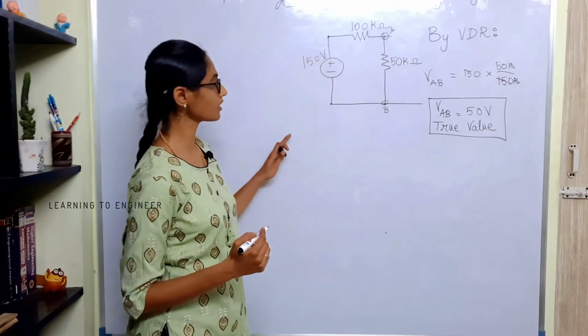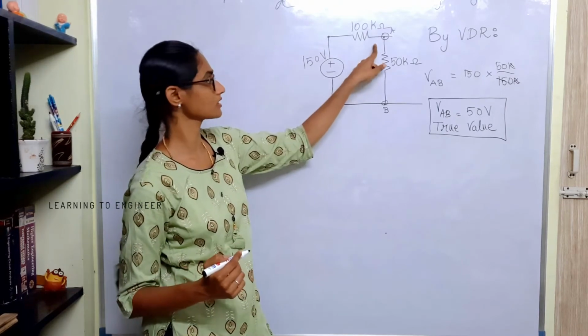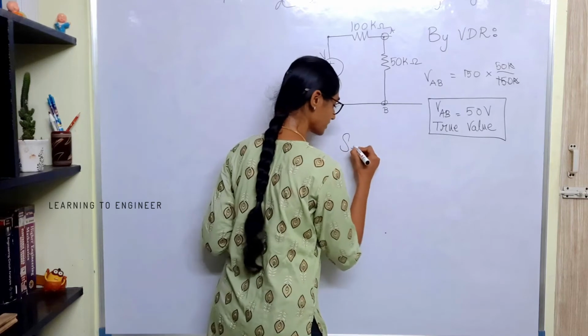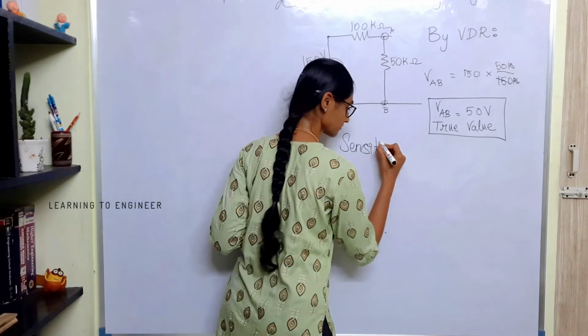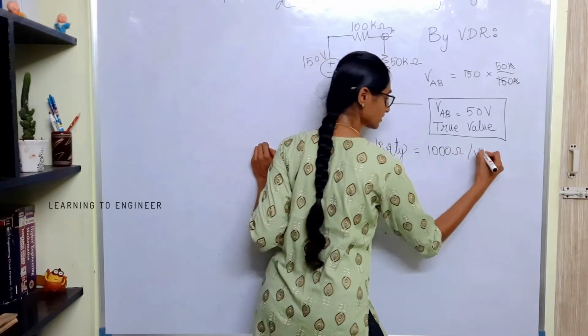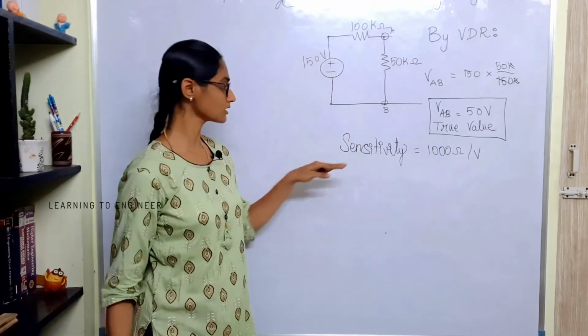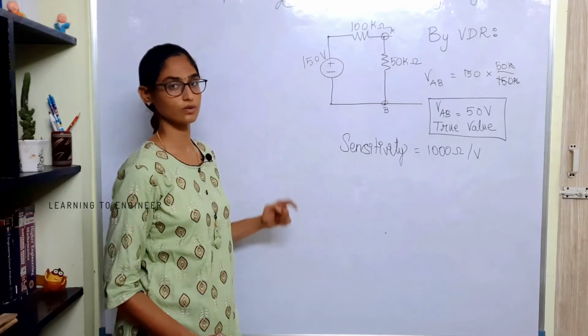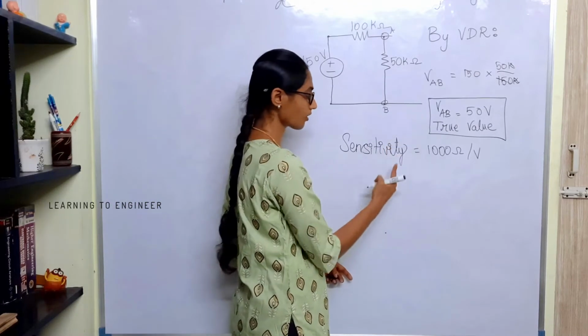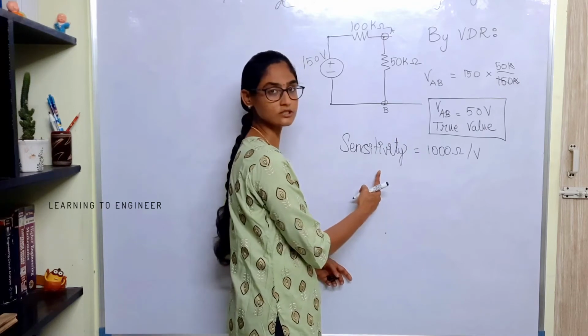Now we are going to apply the meter across the terminals A and B, and it is given that the sensitivity of the meter is 1000 ohm per volt. So this is the sensitivity of the meter that we are going to use. If you want to measure 50 volt, what will be the voltmeter's resistance?